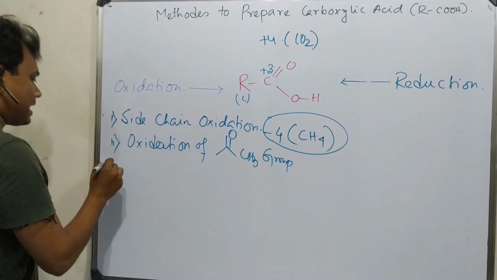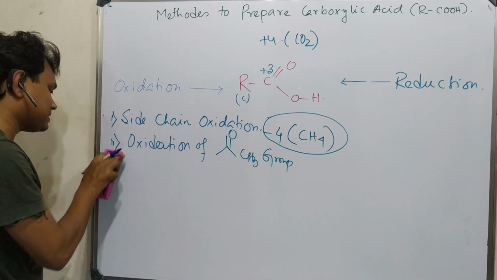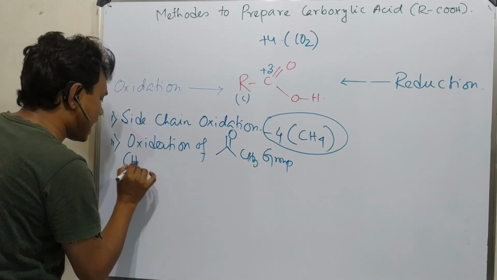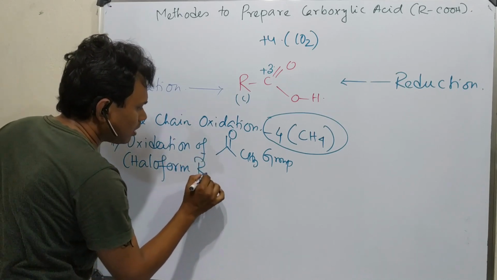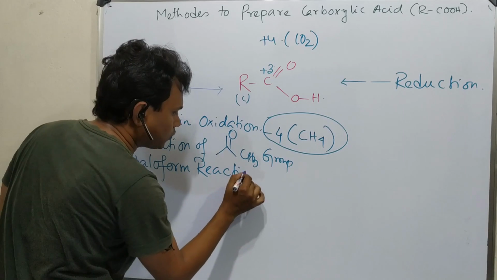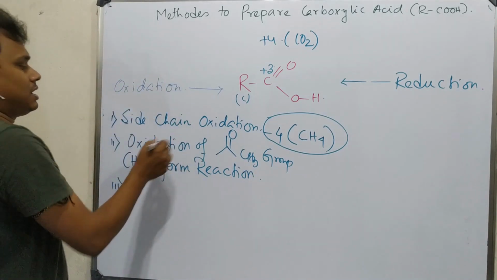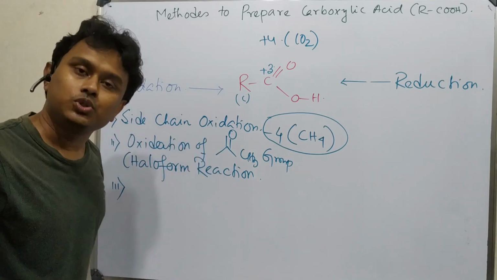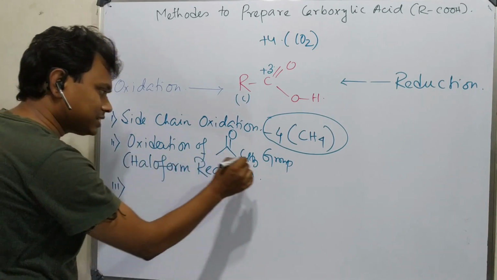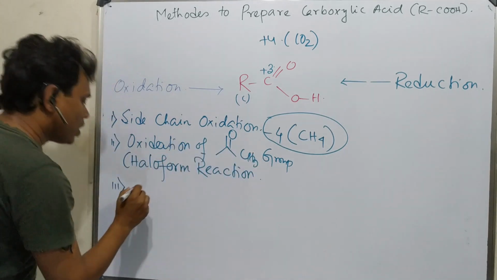Another, third way, this part also has a name: the haloform reaction. Side chain oxidation means, for example, toluene to benzoic acid, those types of things. Then the oxidation of this ketomethyl group.